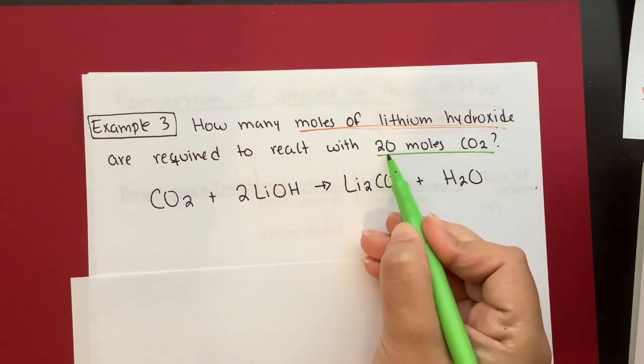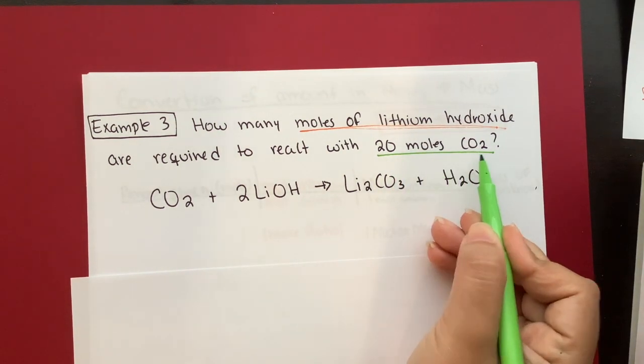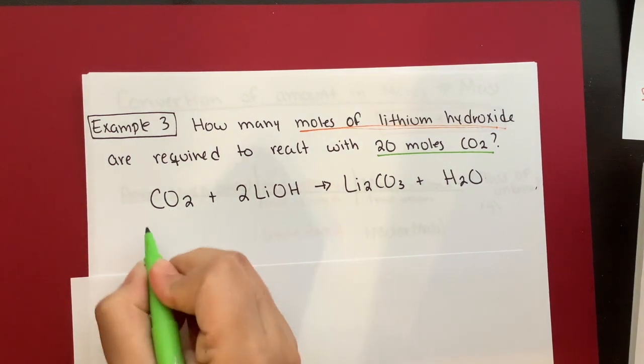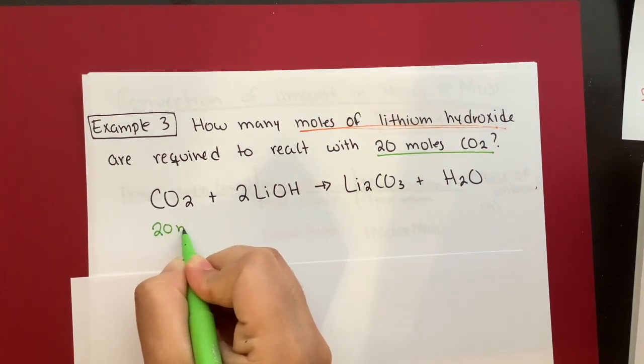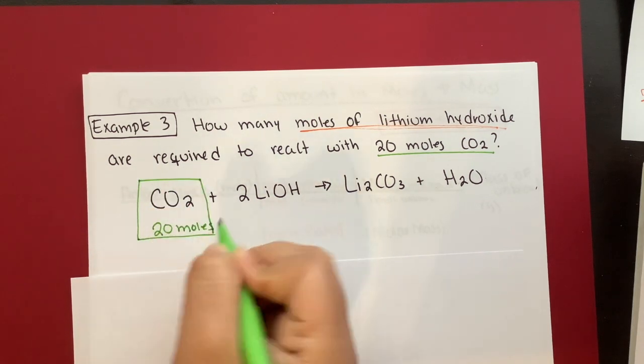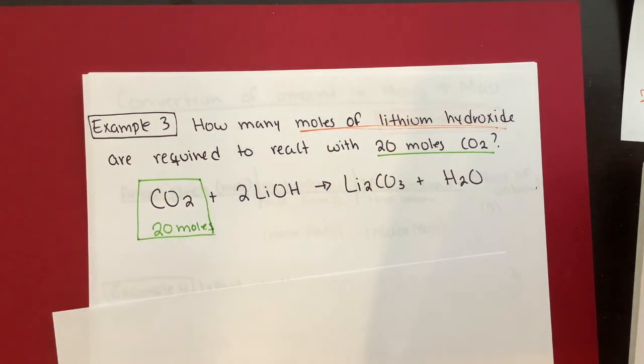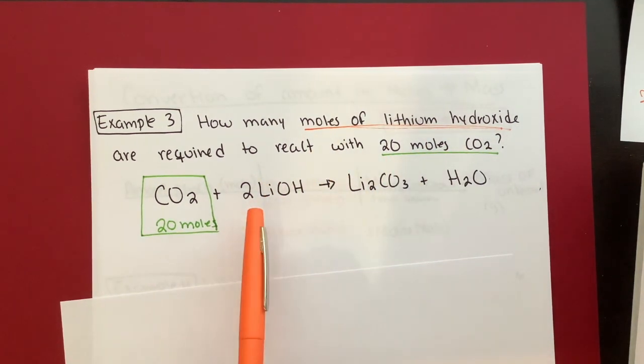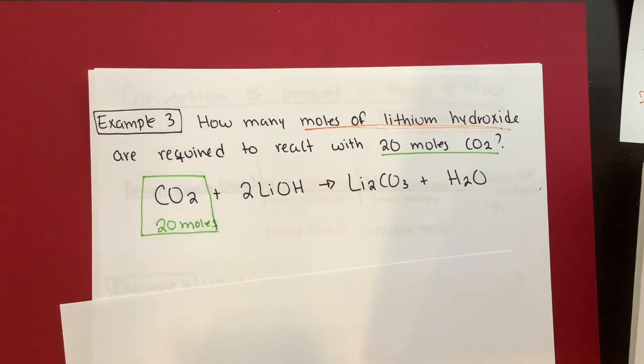Okay, so they're giving me 20 moles of carbon dioxide. So under carbon dioxide, I'm going to write 20 moles. Oops, and they're asking for lithium hydroxide. Lithium hydroxide is this one.